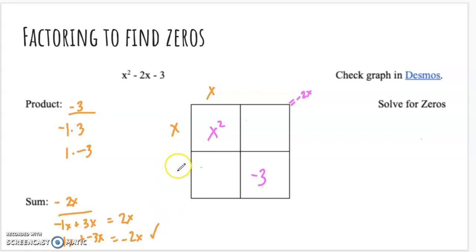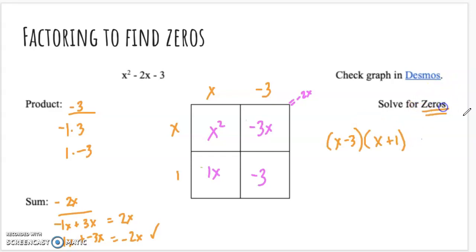So I want to have a +1 and a -3, and let's just double check that. x times 1 gives me 1x, x times -3 gives me -3x, and when I add those together, I get that -2x. So there are my factor pairs. So I've got x minus 3 times x plus 1.